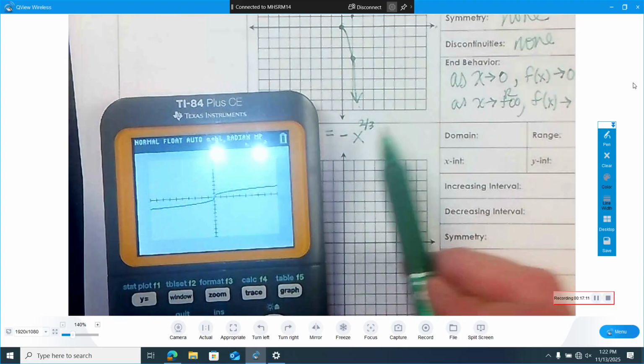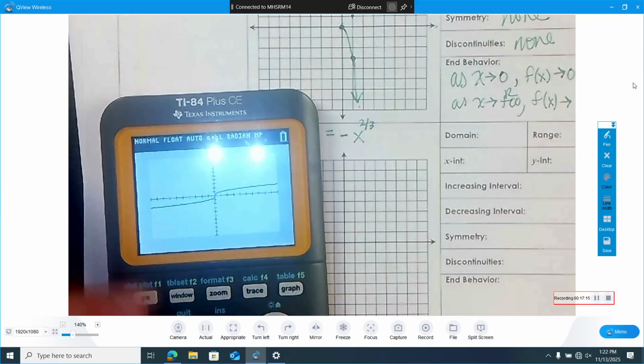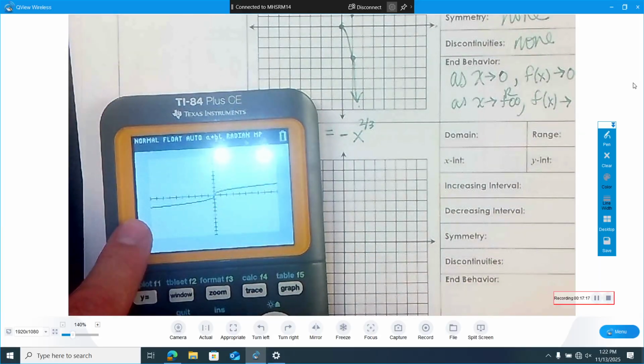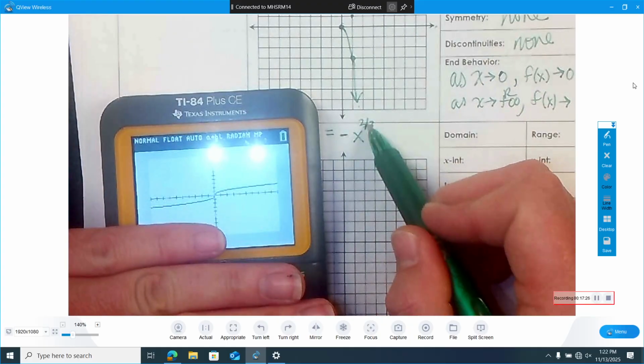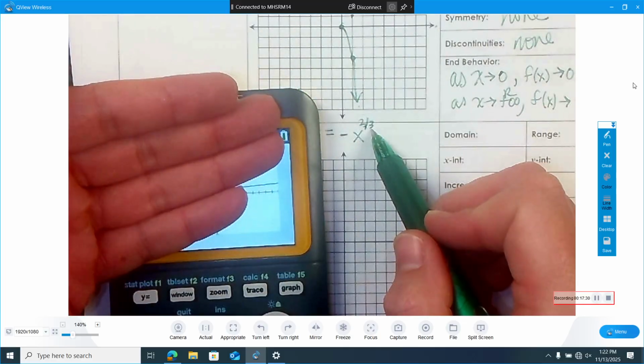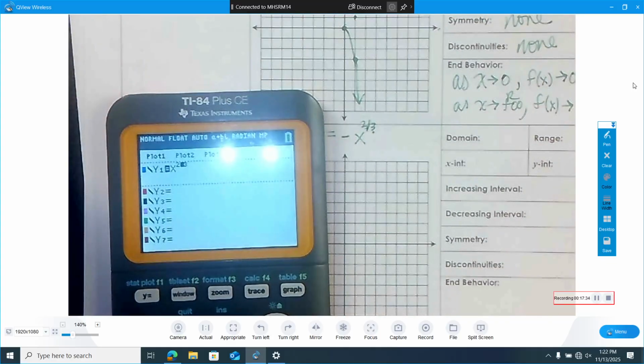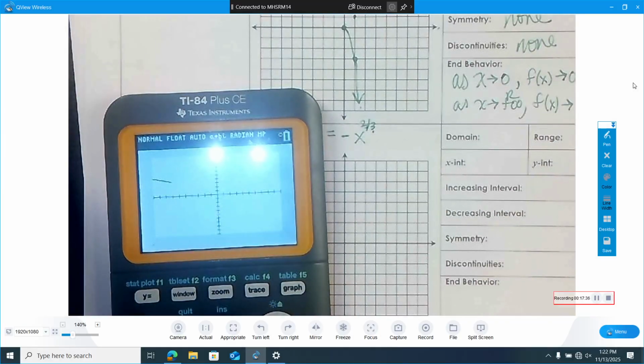And what's happening is we're squaring this. When you square something, if you take something that's negative and you square it, like -3 times -3, what happens to it? It turns positive. So when we're squaring this cube root function, anything negative is going to flip positive. It's going to take that bottom half and square it so it's positive.